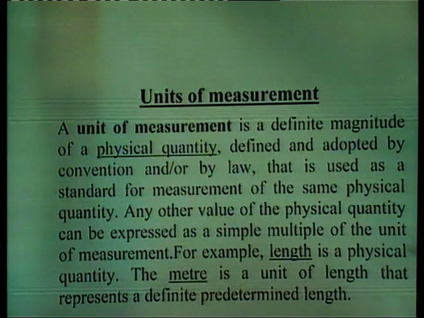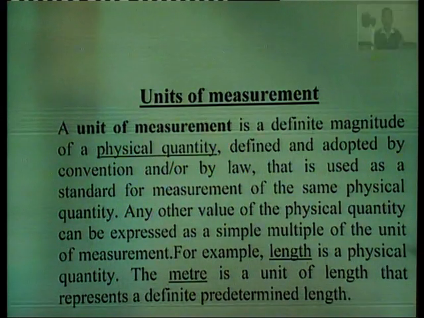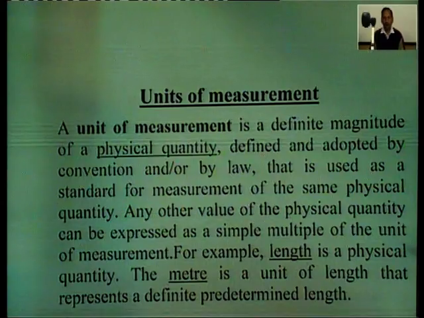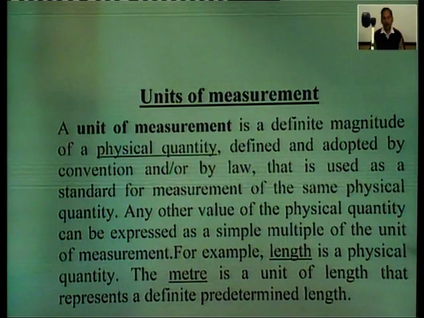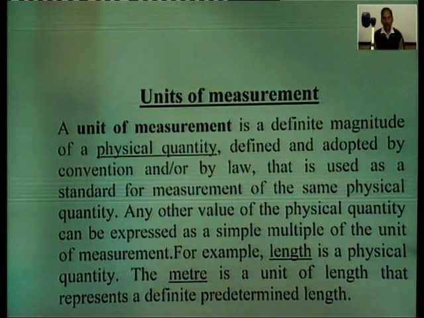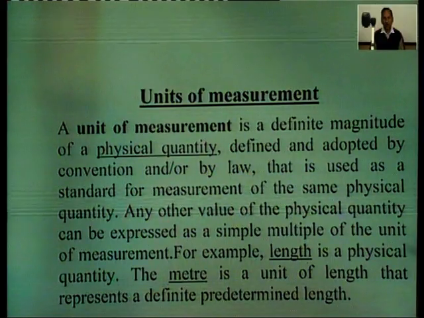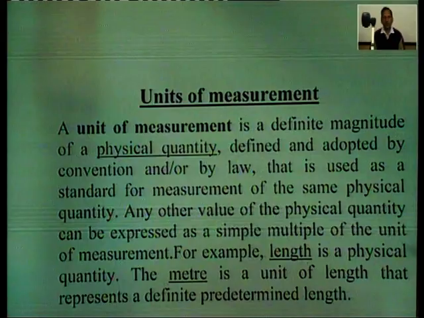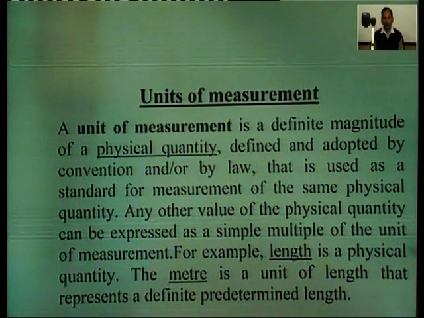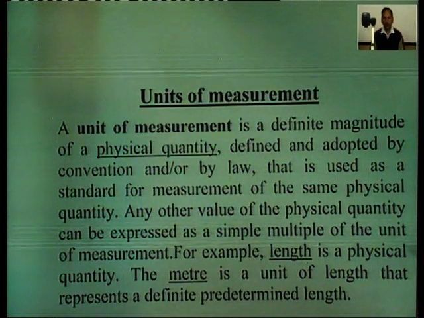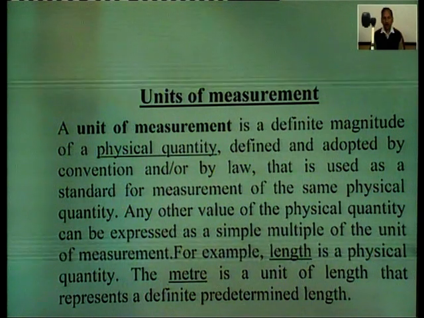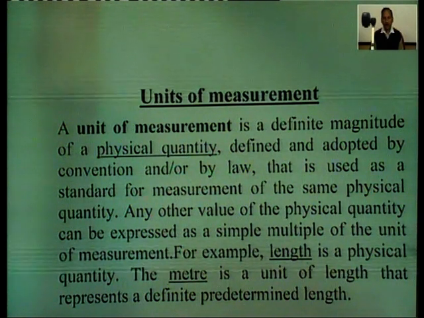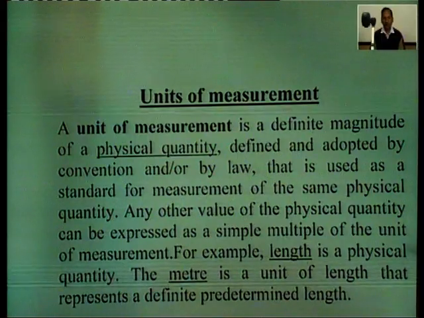The various units of measurement. A unit of measurement is a definite magnitude of a physical quantity, defined and adopted by convention or by law, that is used as a standard for measurement of the same physical quantity. Any other value of the physical quantity can be expressed as a simple multiple of the unit of measurement.